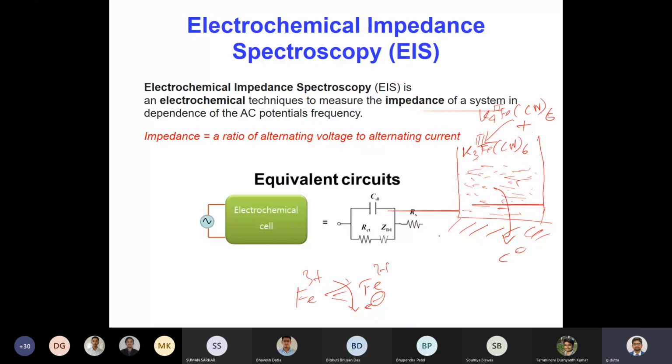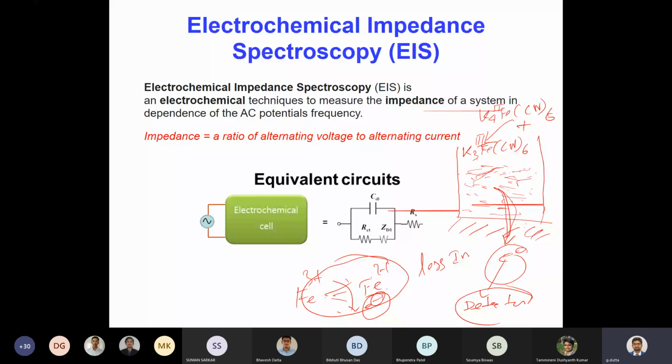So when we apply some frequency or some potential, in some frequency range, this reaction will simultaneously happen in the solution: the Fe3+ Fe2+ conversion. Now this electron will flow through the solution to the surface, because it should pass through this transducer, and then we get the electron to the detector. If the electron can pass easily to the detector, you will get less impedance.